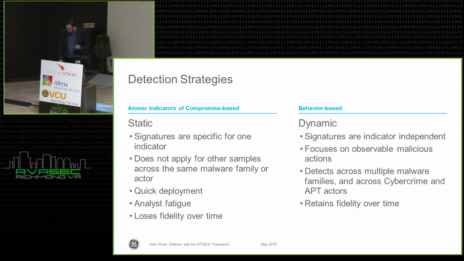So from a traditional indicator of compromise signature, we wouldn't be able to detect something as simple as renaming this. So we needed a way to detect the parts of an intrusion that wouldn't change from incident to incident.